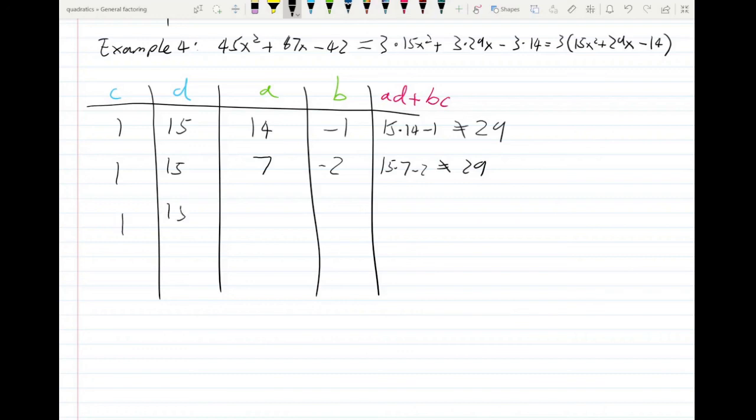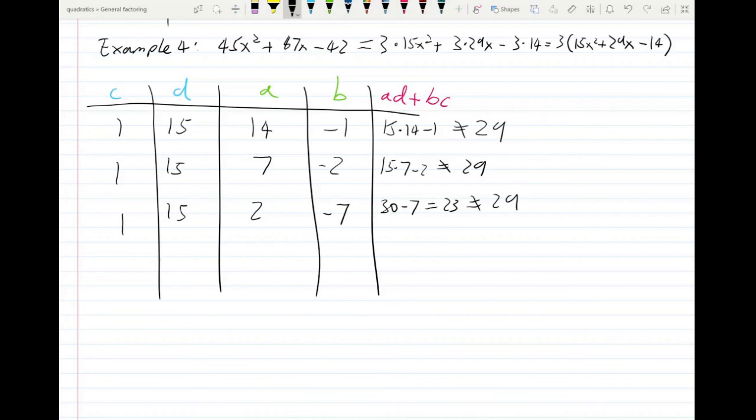We'll have 1, 15, and then 2 for A, and negative 7 for B. And this gives us AD is 30, and BC is negative 7. So 30 minus 7 equals 23, which is actually too small. So then there's no point in testing A equals 1 and B equals 14, because that will get us even smaller and it'll shoot us in the wrong direction.